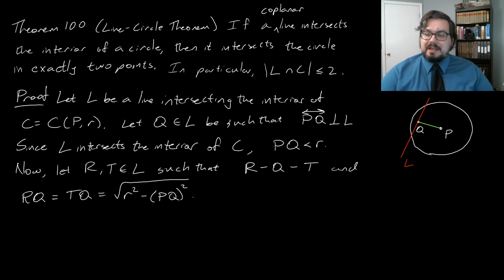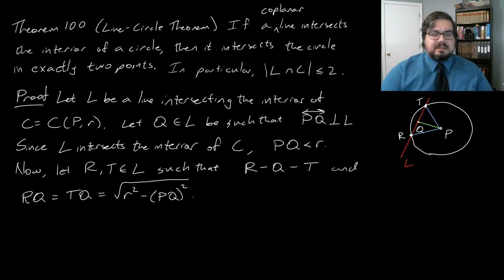What we're trying to do basically is construct these 2 points of intersection, R and T. And we basically come up with this by measuring how far the distance QT should be, given that we can construct this right triangle.